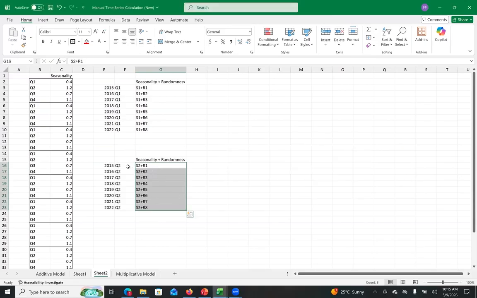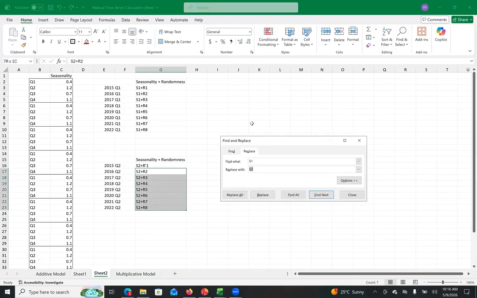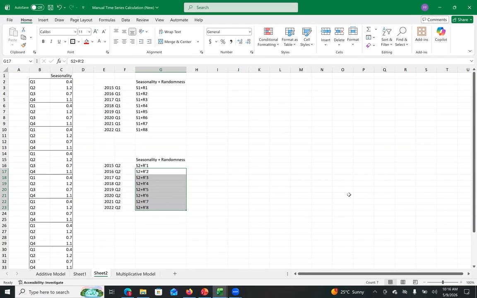So it's a seasonality component plus a random component. Let's call it R dash 1. I'm replacing R with R dash. And similarly for quarter three as well, quarter four as well, I have these values.